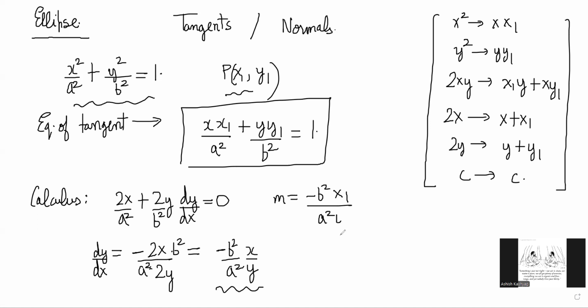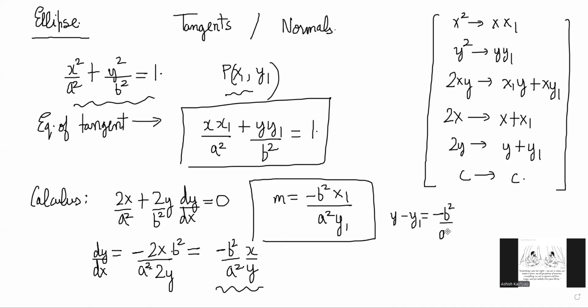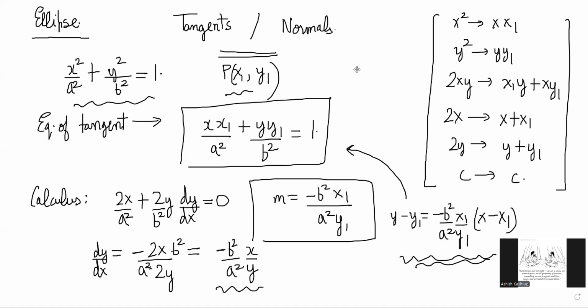And then after that, we just put it in the point slope form and we'll say y minus y1 is equal to minus b square by a square x1 by y1 times x minus x1. If you simplify this, the equation will turn out to be the same thing. You have to use the fact that this point lies on the ellipse.